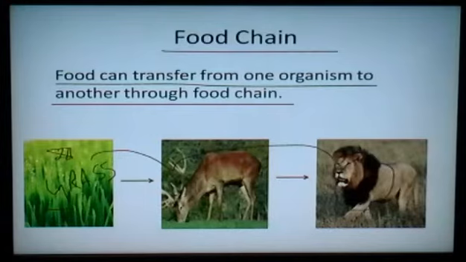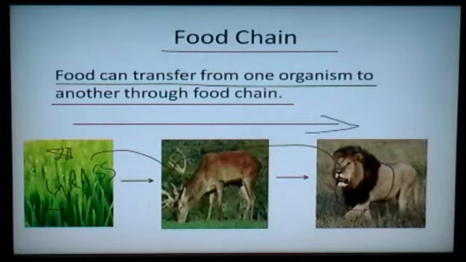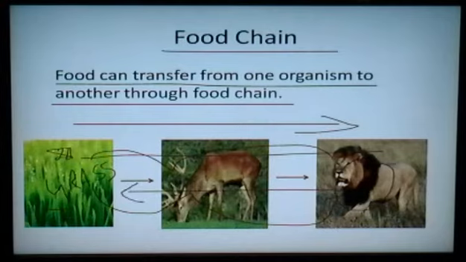A food chain always represents a unidirectional flow of energy. As the food chain here depicts, transfer of energy takes place from grass to deer and then to lion. It cannot take place in the reverse direction from lion to deer and to grass.